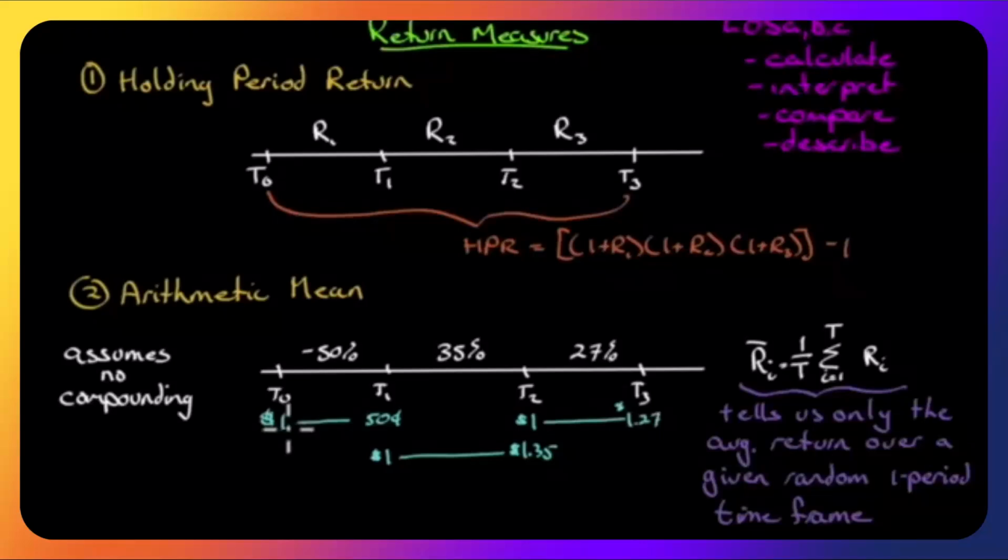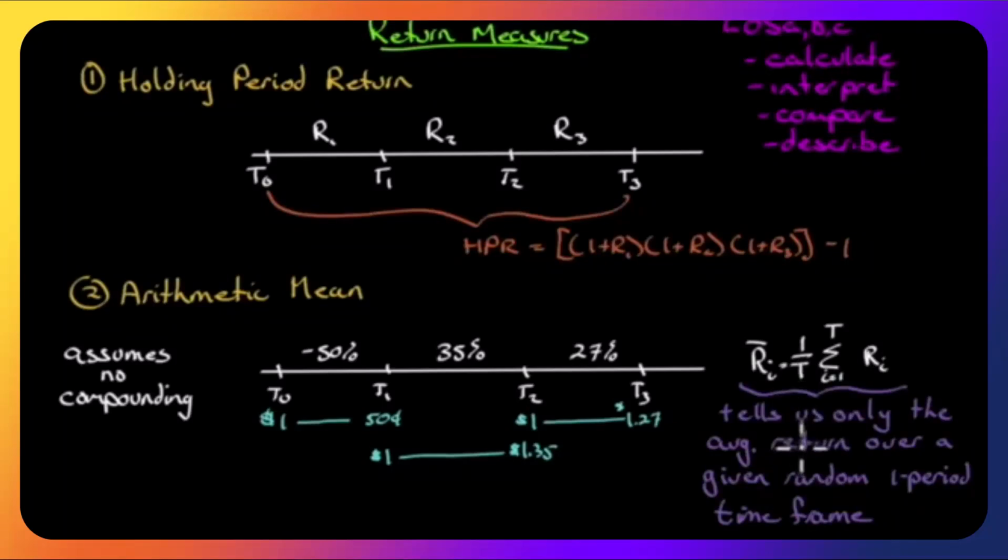So it doesn't say that we have $1 that goes to 50 cents, then the 50 cents grows at 35% to some number, and then it goes on. That's not arithmetic mean. Arithmetic mean just says, every period, start over. You have $1, what do you end with? Measure your return. Okay, great. T1, start with $1. What do you have at the end? Measure your return. Great. T2, start with $1. So that when we add them all up and divide by the number of observations we see, we get an arithmetic mean.